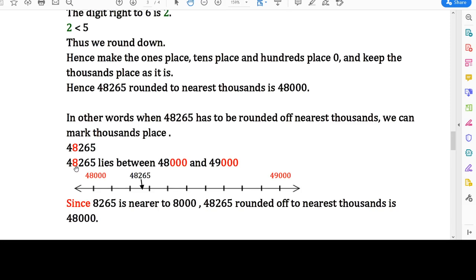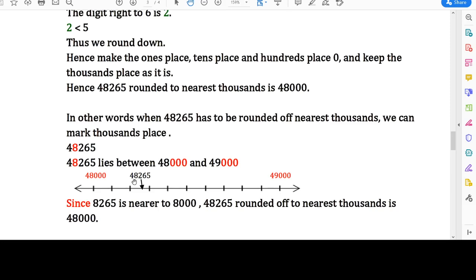So clearly this number lies between 48,000 and 49,000. So I have written 48,000, 48,100, 48,200, 48,300. You can see this number lies between 48,200 and 48,300. 48,400, 48,500, 48,600, 48,700, 48,800, 48,900, and this is 49,000.